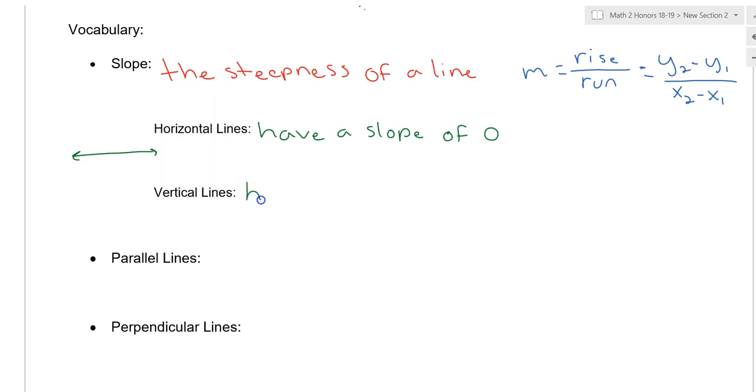And vertical lines have an undefined slope.